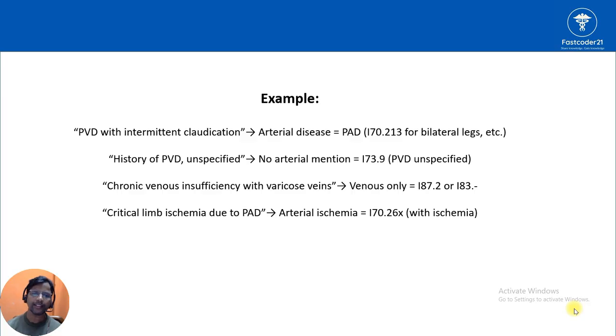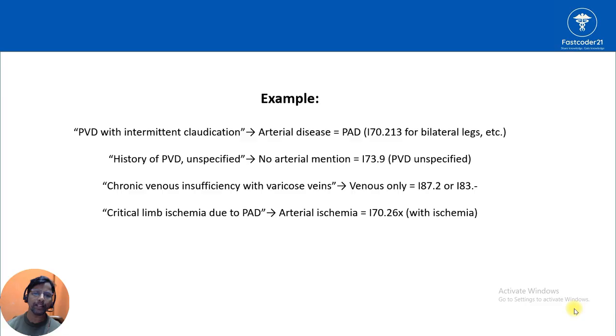Next, for example, documentation contains chronic venous insufficiency with varicose veins. As we have discussed previously, all these venous insufficiency codes come under PVD. So here we need to use I87.2 or I83 series codes. These chronic venous insufficiency as well as varicose veins are conditions related to veins.